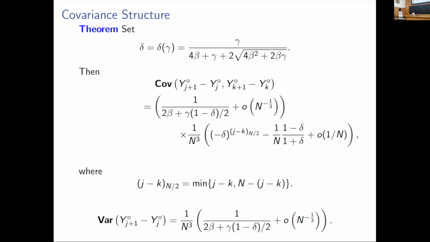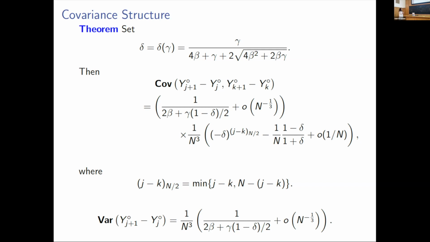And here is 1 over n cubed, the order of correlations. If we start with a very small distance, or even with the variance, we recover almost the same formula as it was previously. Previously gamma was 0, so that's exactly the same formula, with the extra term.